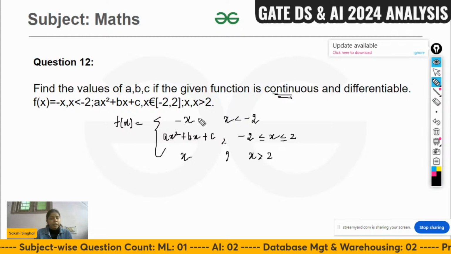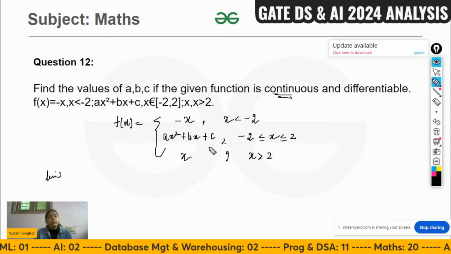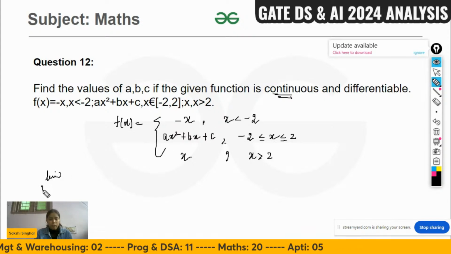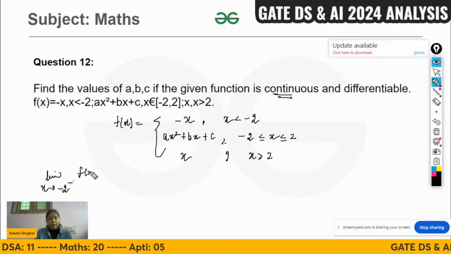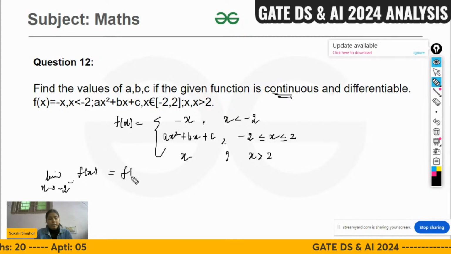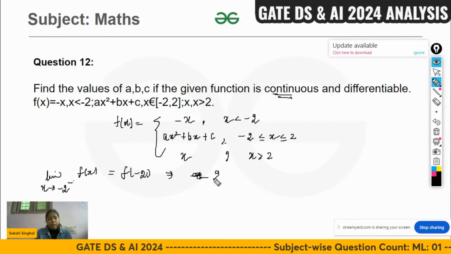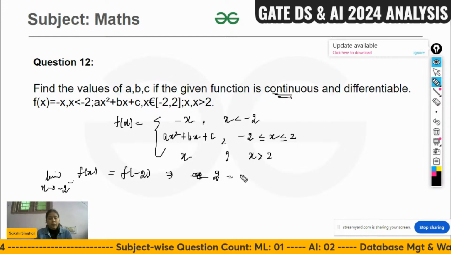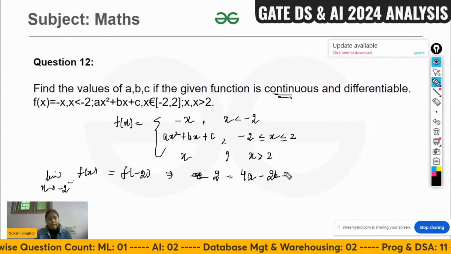So what would you do? First, I'll apply the continuity definition. The continuity definition says that the function's value at the point, the left hand limit and the right hand limit would all be equal. So here I'll use limit x approaches minus 2 negative f(x) equals f of minus 2, and that would give me minus of minus 2, that is 2. And when I put minus 2 in this, it becomes 4a minus 2b plus c, right?